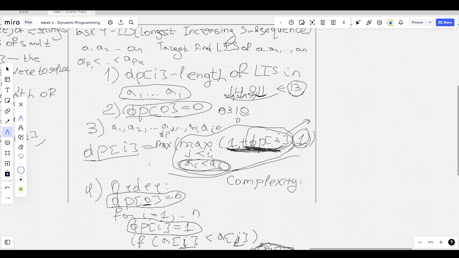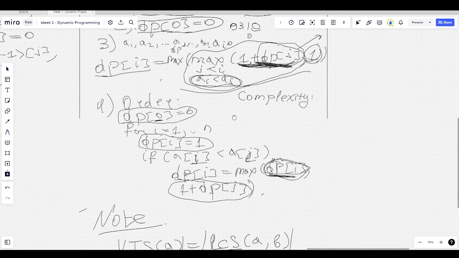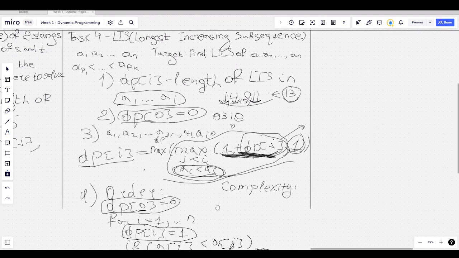The complexity will be O(n) squared, and it can be improved, but that will be later. And what is the memory?